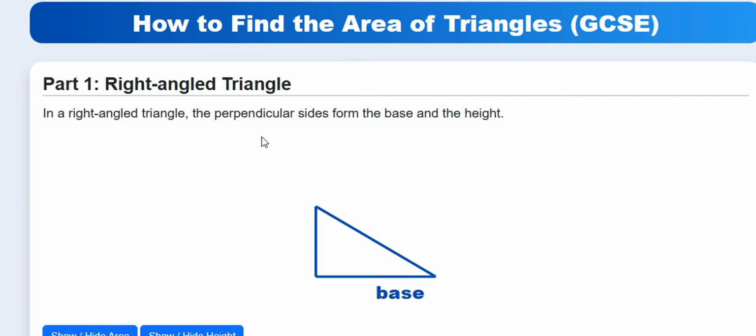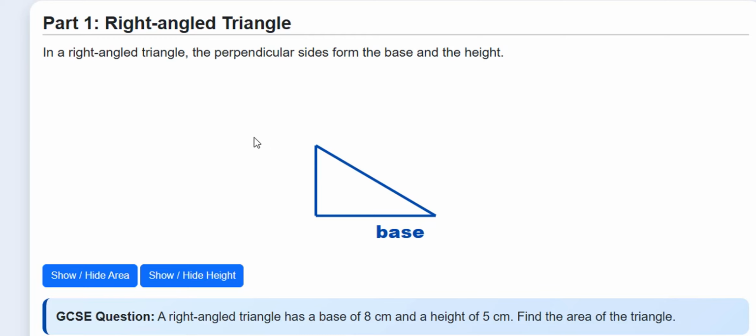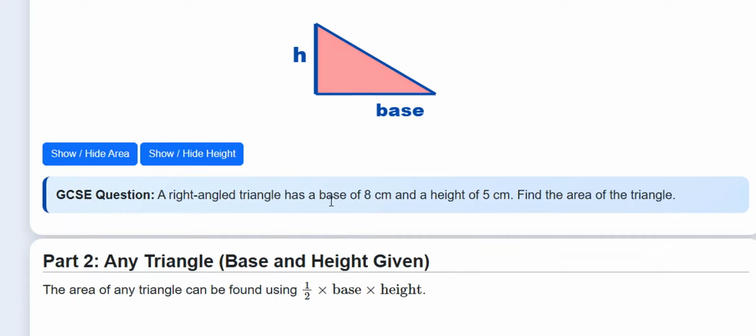So, we can start with a right-angled triangle. And when we talk about area, it is the region enclosed by the sides of the triangle. So here we are looking for that area. Then the area of a right-angled triangle or another triangle is given by half base multiplied by height.